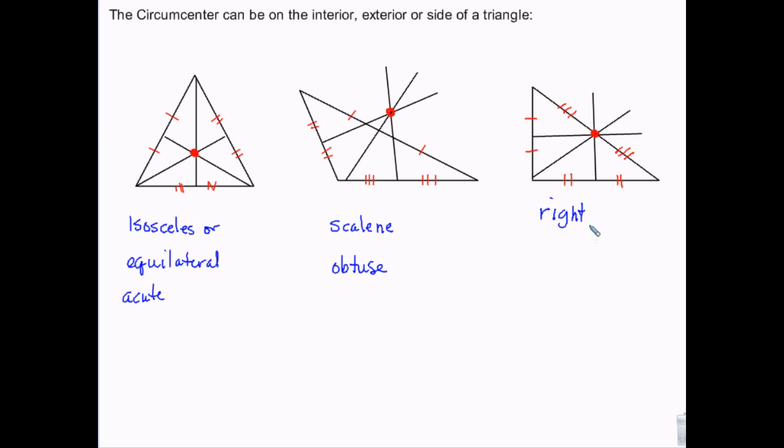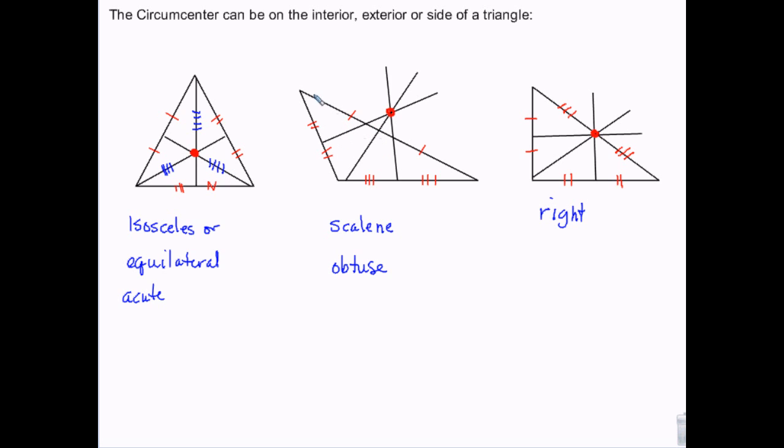Okay. But no matter which case it is, whether it's inside or outside or on the side of the triangle, the distance from the vertex to the circumcenter will be the same. So this distance is the same as this distance, is the same as this distance.